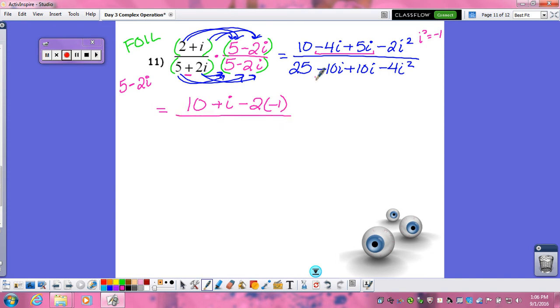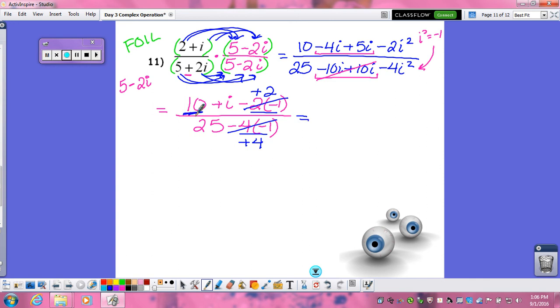All over, combine like terms, those cancel. Our i squared again, we're going to replace with a negative 1. So 25 minus 4 times a negative 1. We can go ahead and clean this up a little bit. Our negative 2 times negative 1 becomes a plus 2. Our negative 4 times a negative 1 becomes a plus 4.